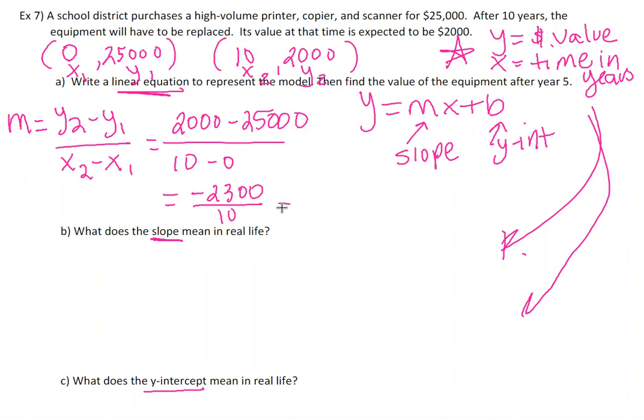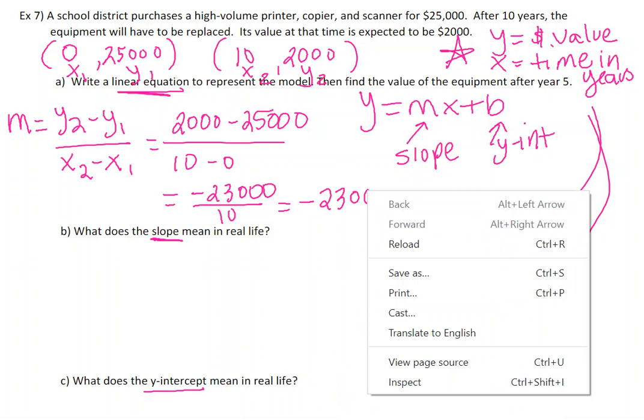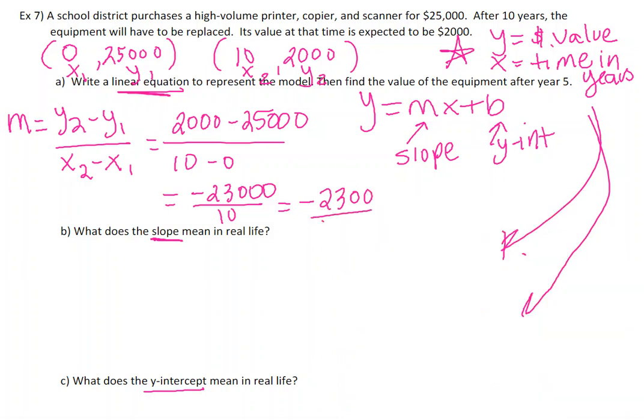And then whenever you do slopes in real life situations, you want to go down to the unit rate, which means you want to divide this. So if I divide that, I get negative 2,300 over 1. So if you think about what that means, this is talking about a decrease of $2,300 per 1 year.